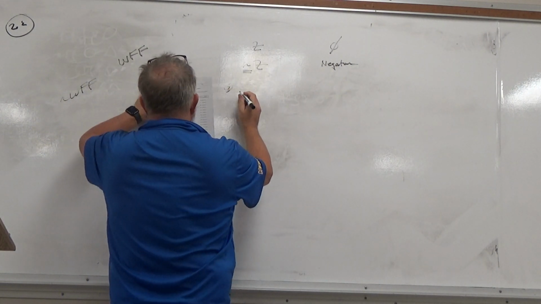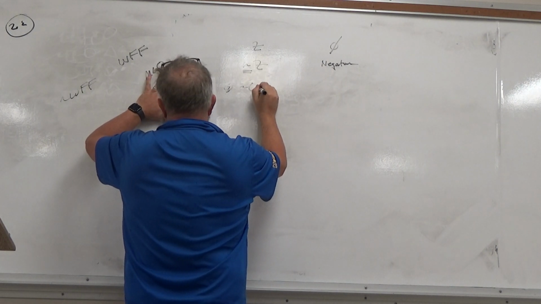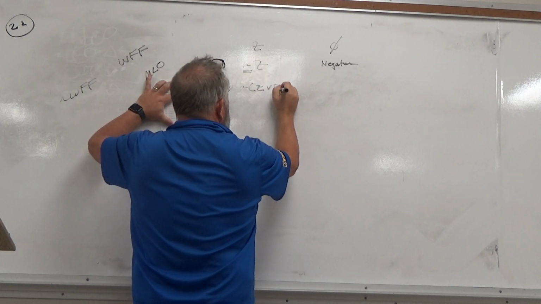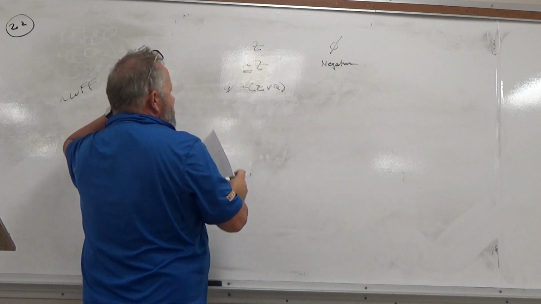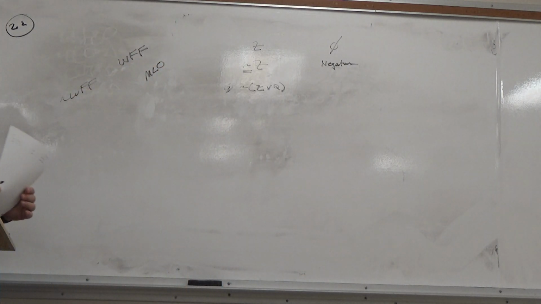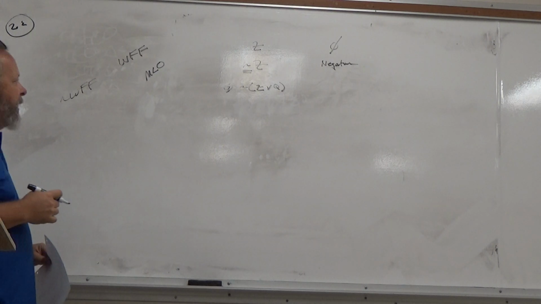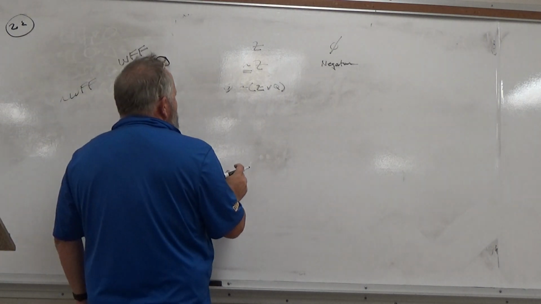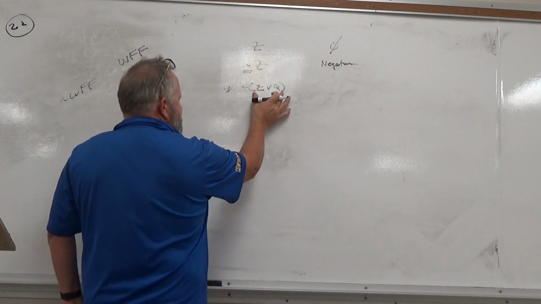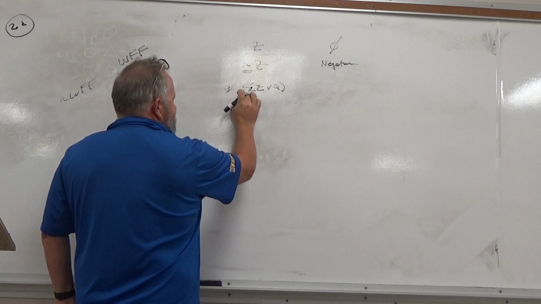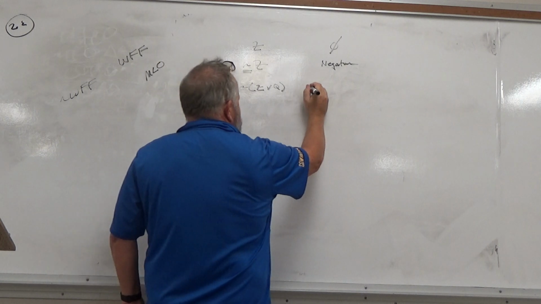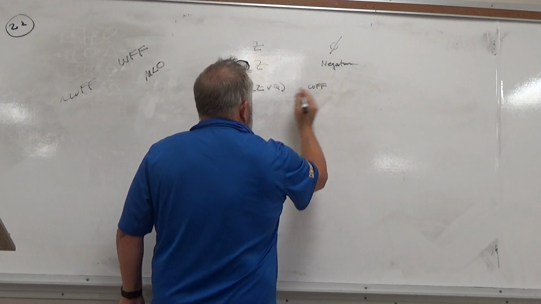All right, so now let me look at 3. So 3 says not (z or q), okay? Now, is that a well-formed formula? Will we know how to calculate our answer? Well, everything is ordered for us by way of the parentheses. We would do this first, and then we would negate it. So we would say that this is a well-formed formula.